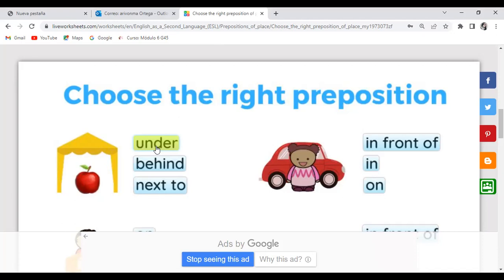And you say, is it in front of, in, or on the red car? What do you say, guys? In front of, in, or on the red car? Anybody? It's in front of, Adriana.